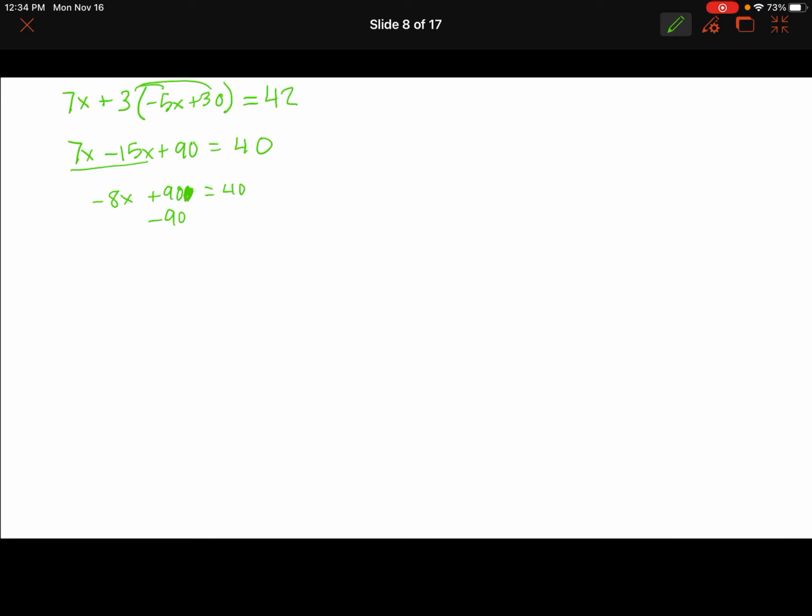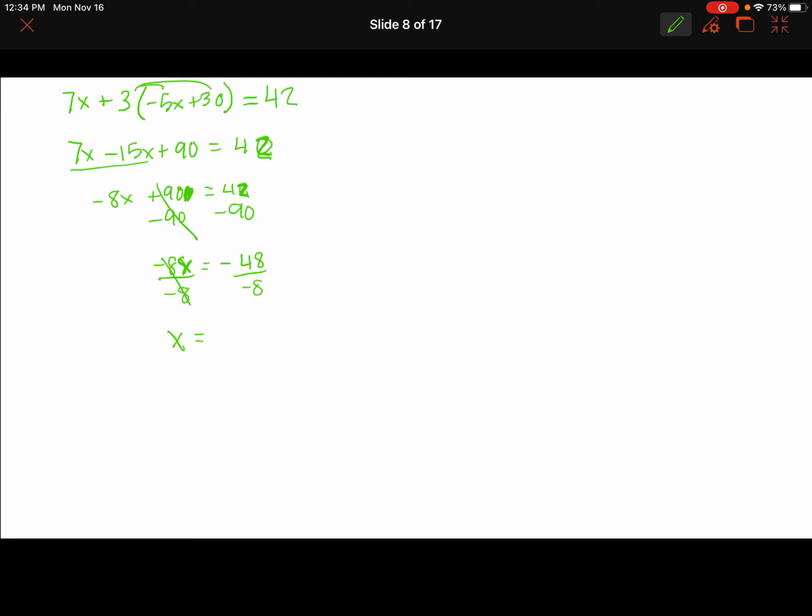So -90 on both sides. We have -8x equals -50. Oh, I changed that to a 40 somehow. 42. Let's try that. So here we go. Now this is going to be -48. Divide by -8, divide by -8.